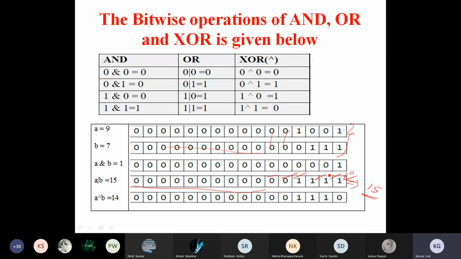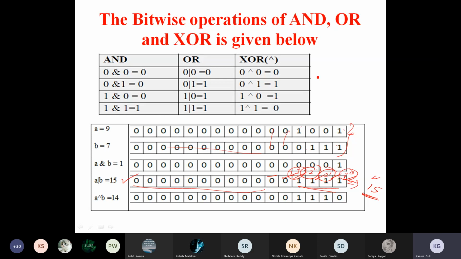So this is 2 to the power 0, this is 2 to the power 1, 2 to the power 2, 2 to the power 3. This is 8, this is 4, this is 2, this is 1. 8 plus 4 plus 2 plus 1 is 15. So this is 15. Is it okay? Yes, ma'am.